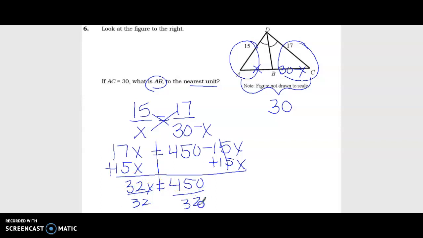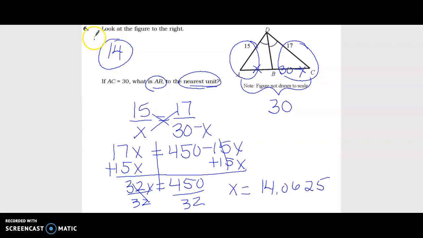So go ahead and pause it and see if you can solve for X. You should have come up with 14.0625, and because it asks for the nearest unit as in a whole number, your answer should be 14.